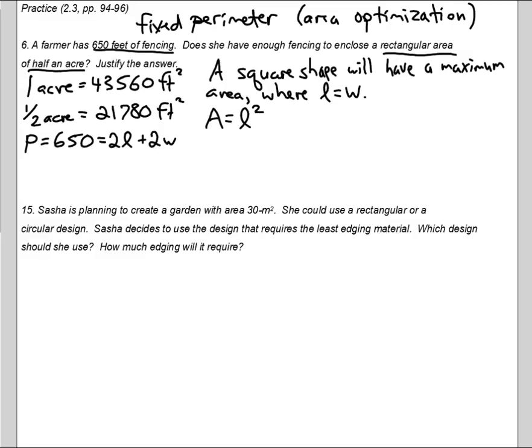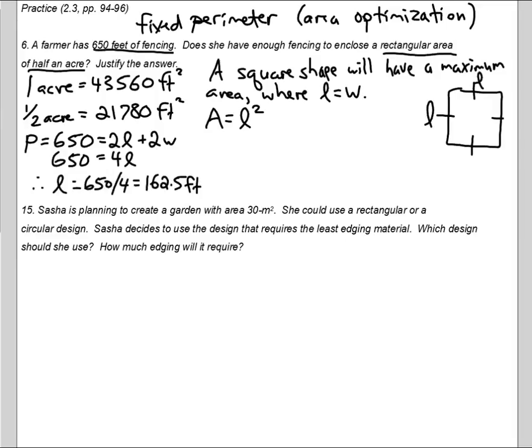Again, as before, if we know the length or the width, we could solve for the other one. In this case, if they're equal, then perimeter would be equal to 4 times the length. If our enclosure was a square, it'd be L on both sides. So let's calculate the length from that. A quarter of 650 is 162.5 feet.